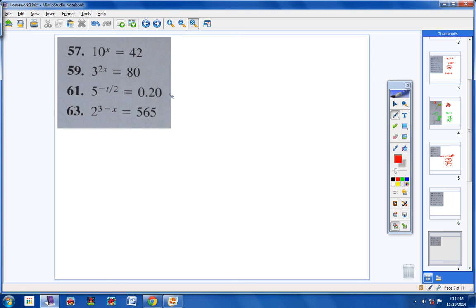Okay, 61. Here we go. There's no way we can write both sides with the same base, so the base of my unknown is 5. So log base 5, log base 5. Okay, 5 to the negative t over 2, 0.20 over here.